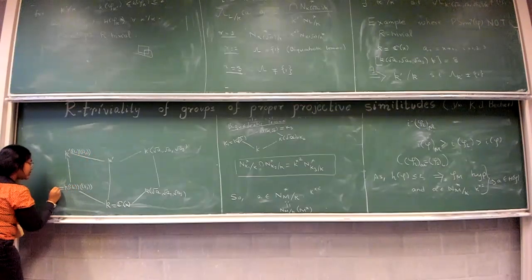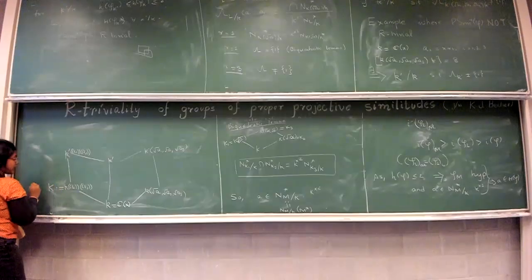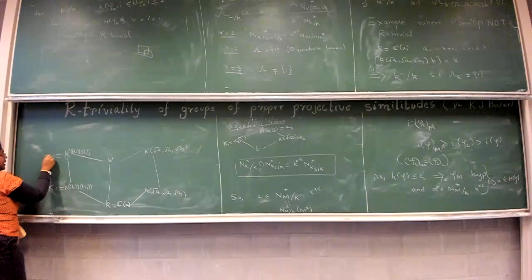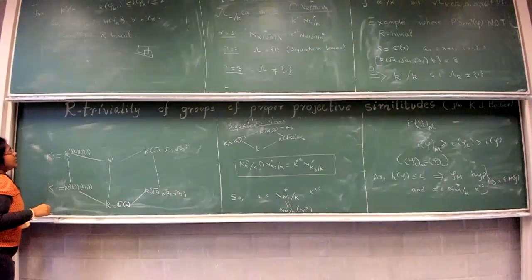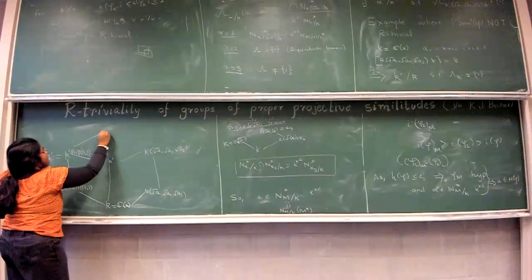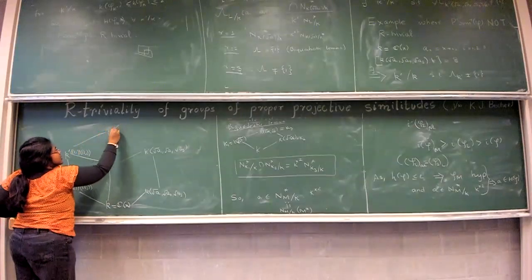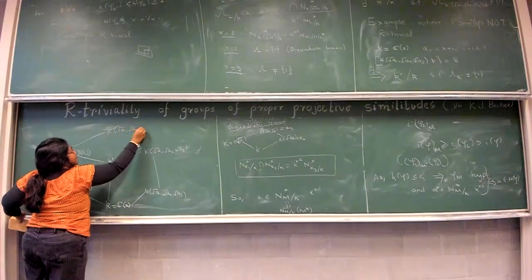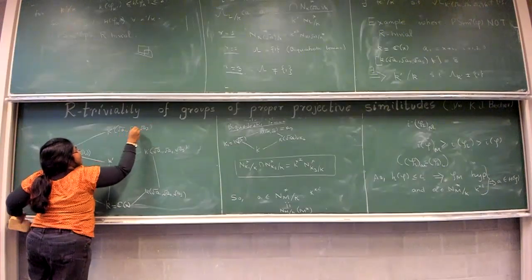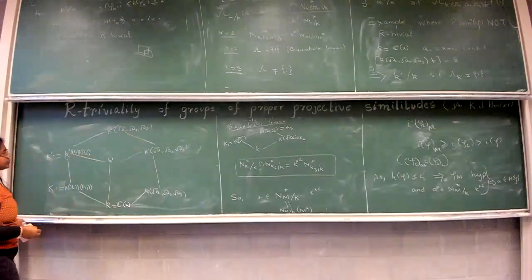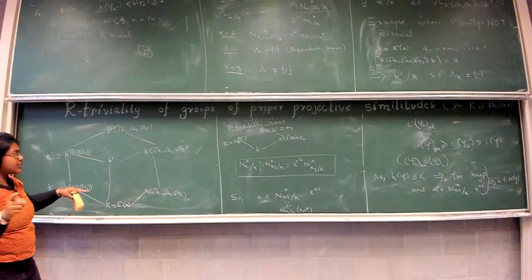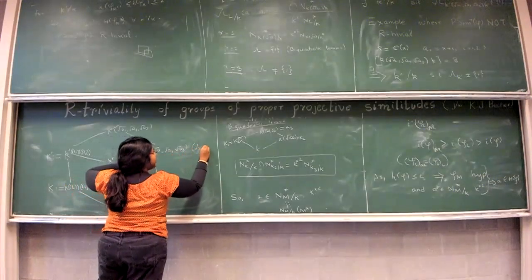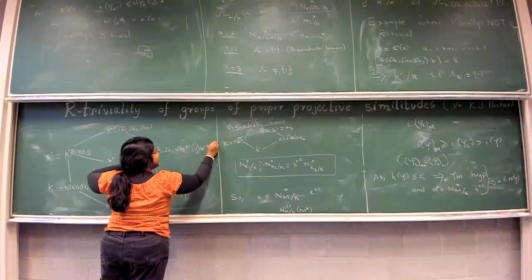Just note this one as capital K, this one as K dash. So by Sivatsky's result, our lambda will be non-trivial.